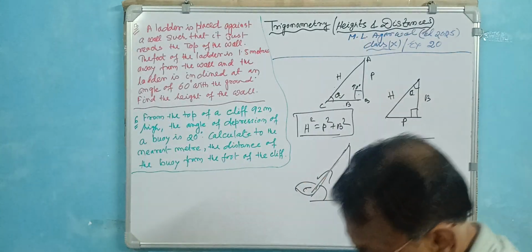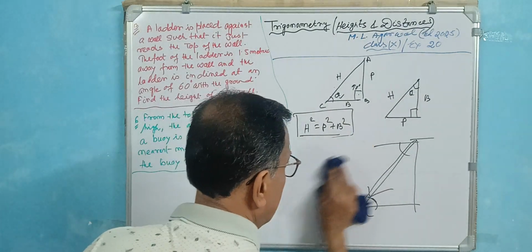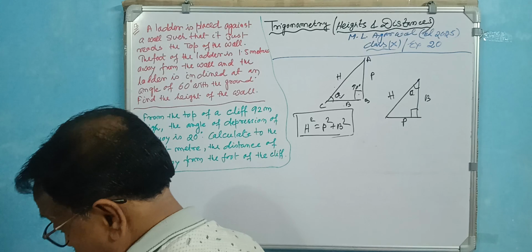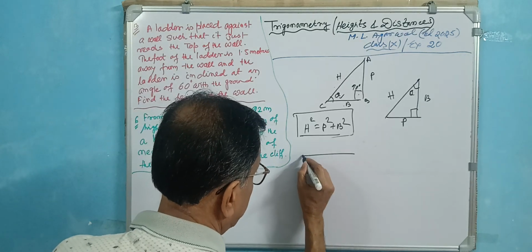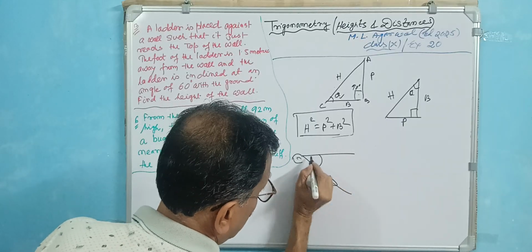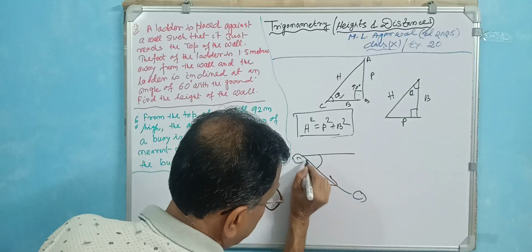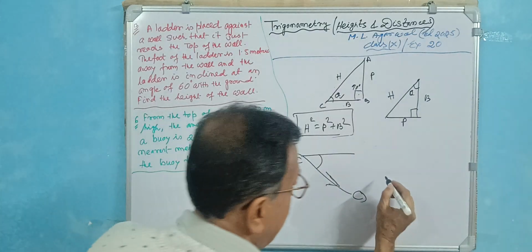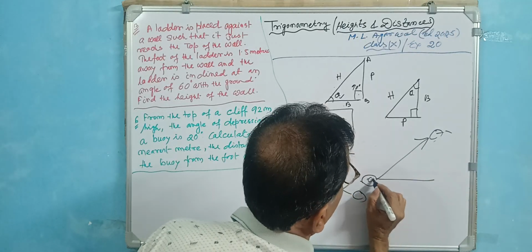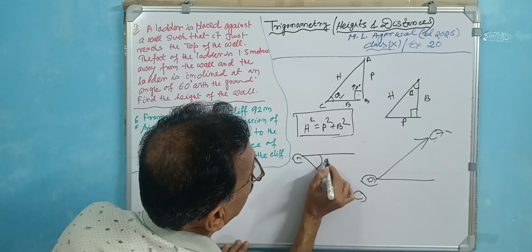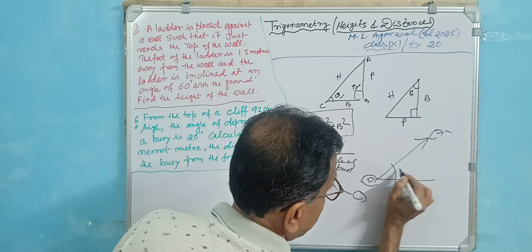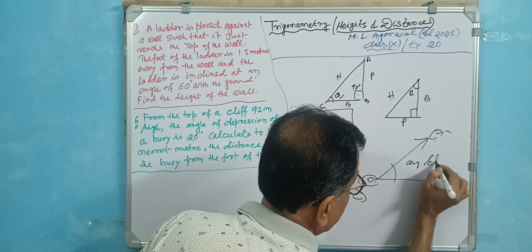So two very important things. The main concept is what the angle of elevation and the angle of depression are. Suppose the object is there and your eye is here. Looking downward, that is the angle of depression, and this angle is the angle of elevation.